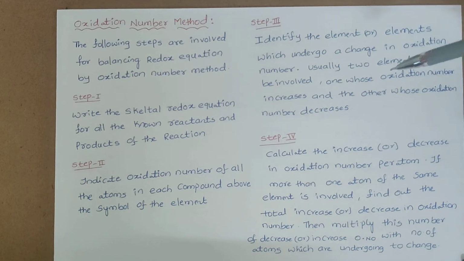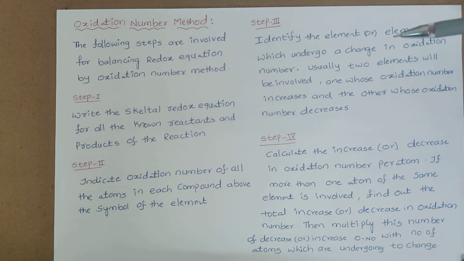Sometimes if more than one atom is involved, we need to calculate the total decrease or increase in oxidation number for all the atoms present in that molecule. Then the total increase in oxidation number and total decrease in oxidation number, in order to equate, we need to do cross multiplication with respect to those reactants. This is the fourth step.